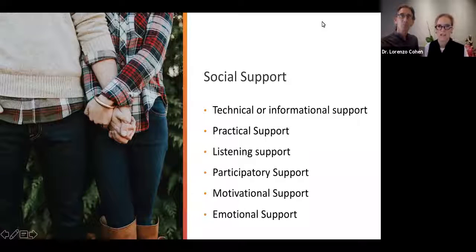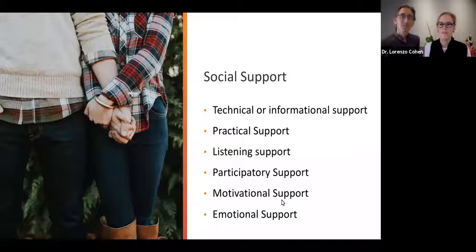Practical support is somebody who's going to drive you to appointments, or pick up your children or grandchildren for you. Listening support is somebody who shares the same values that you do, so that when you're listening and sharing, you're on the same wavelength. Participatory support: who can you rope in to sign up for meditation classes or yoga classes? That's really critical.